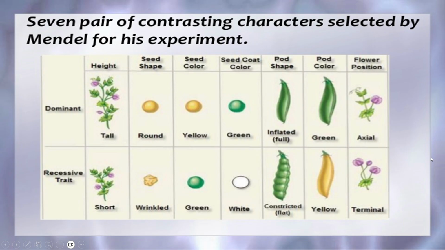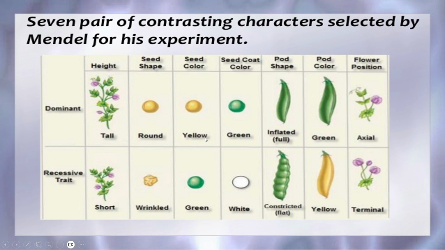Tall, these are the dominant characteristics. If we talk about plant height, tall was dominant. Round in case of seed shape, seed color yellow, seed coat color green, pod shape inflated, pod color green, and flower position axial.